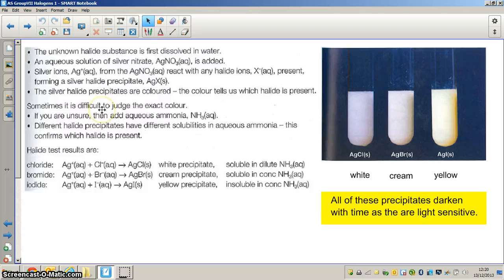With respect to chloride, when we add silver nitrate to the chloride, we get a white precipitate. If we add dilute ammonia to that white precipitate, it dissolves to form a colourless solution again.